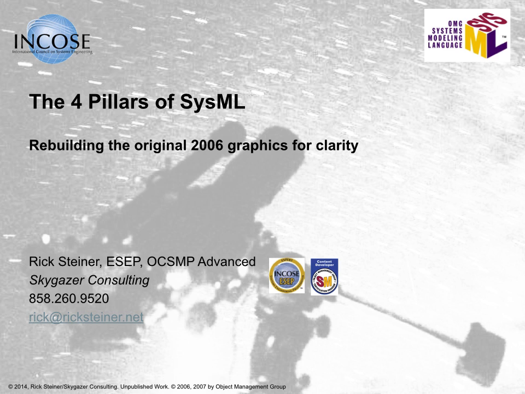The graphics were never very good to start with, so I've rebuilt the four pillars charts using MagicDraw as the source of the model that built the diagrams, and did a little post-processing in Acrobat and Illustrator to make them look a little bit nicer.